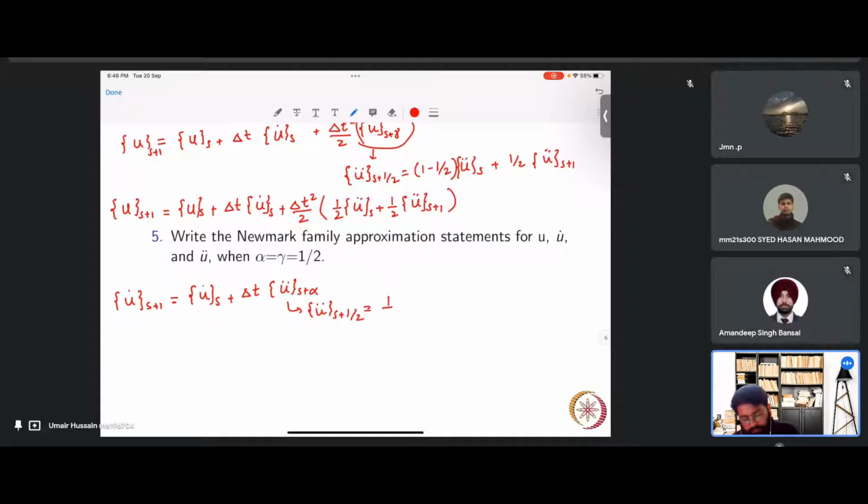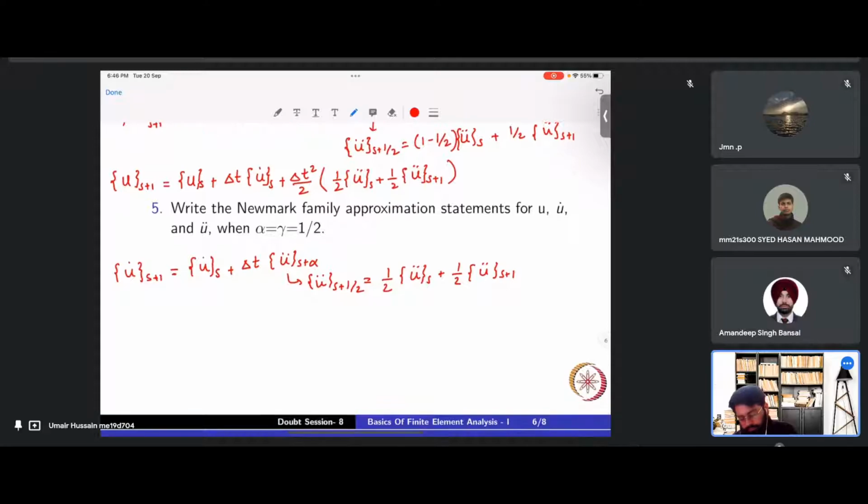So that gives us half of u double dot s plus half of u double dot s plus 1. So we can get our u dot s plus 1 equal to u dot s plus delta t by 2 times u double dot s plus u double dot s plus 1.